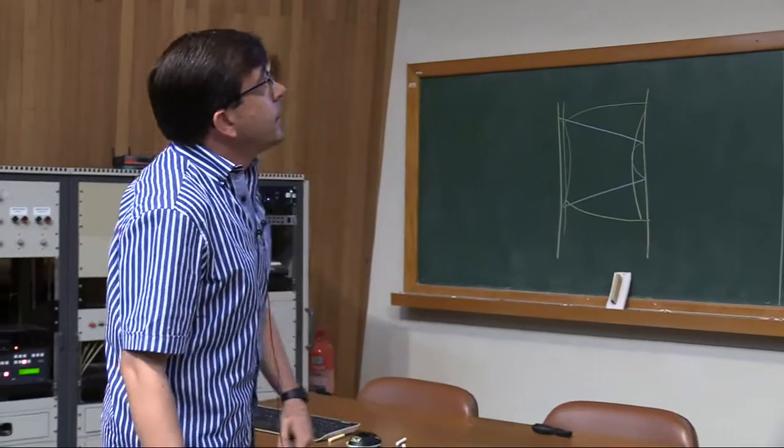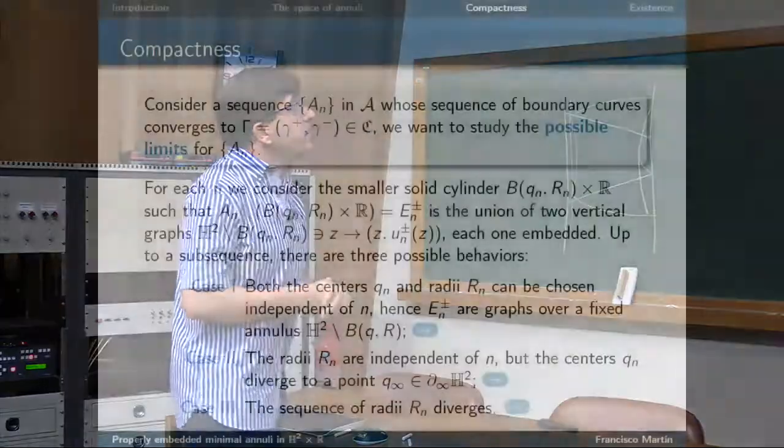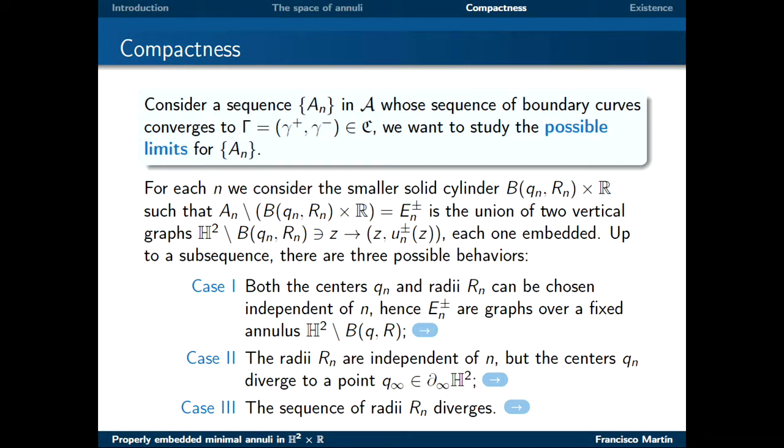So the question is that we are considering three cases. The first one is when you can consider a uniform cylinder, so that outside this cylinder all the annuli are graphs. But this is not always the case.